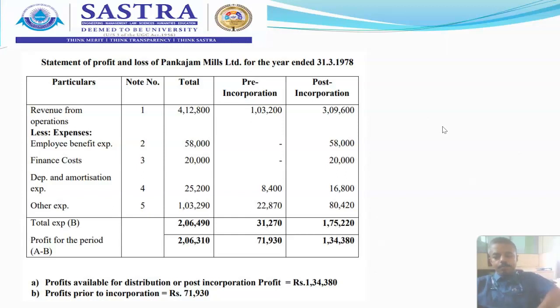Because the shareholders come only after incorporation, hence the post-incorporation profit of rupees 1,34,380 can only be used for the distribution of dividend. Or this can be shown as profit and loss account under the liability side of the balance sheet as it is a revenue profit. Then profits prior to incorporation, which amount to rupees 71,930, can be treated as capital reserve since it is a capital profit under liability side.